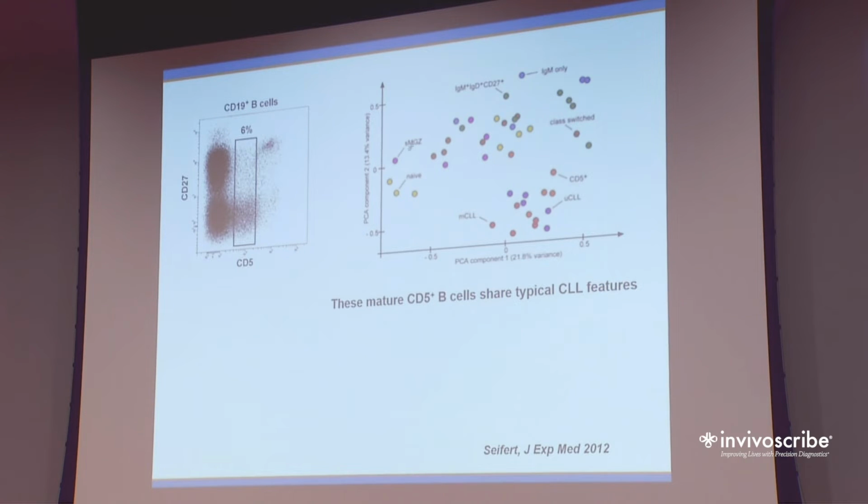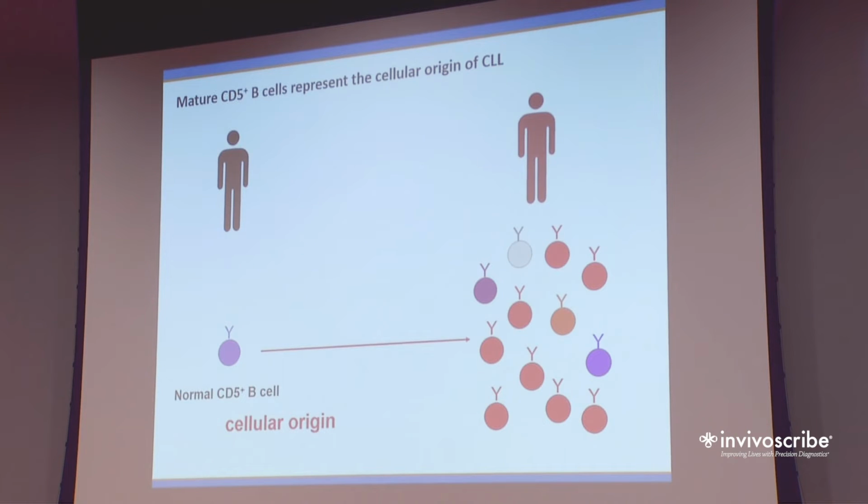This is a principal component analysis including splenic marginal zone B cells, class-switched memory B cells, IgM memory, IgM-only B cells, naive B cells, and here we have Ig mutated and Ig unmutated CLL cases, and the CD5 mature cells shown here in orange, I hope you can see it, cluster closely together with the CLL cells in the transcriptional profiles and also in stereotyped receptor usage. So we concluded that the normal mature CD5 positive B cell represents a very good candidate for the cellular origin of CLL.